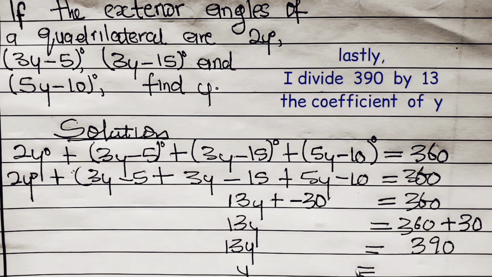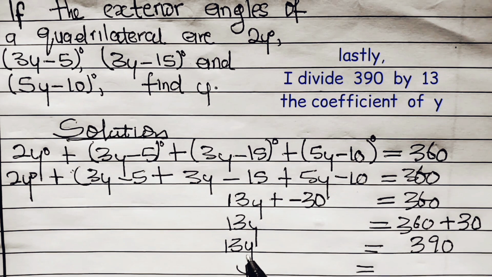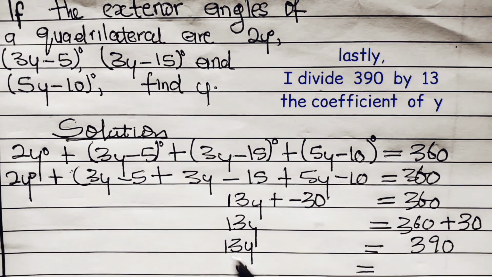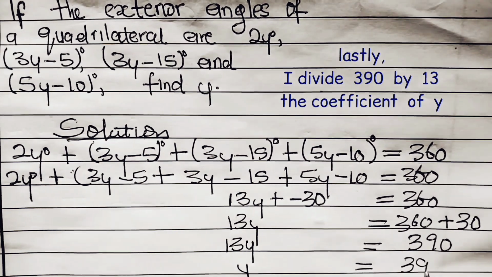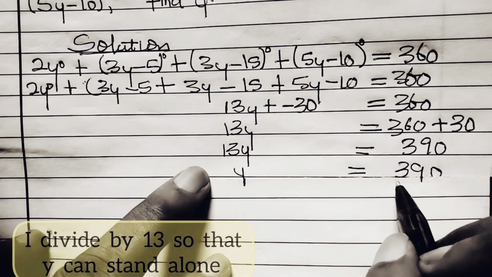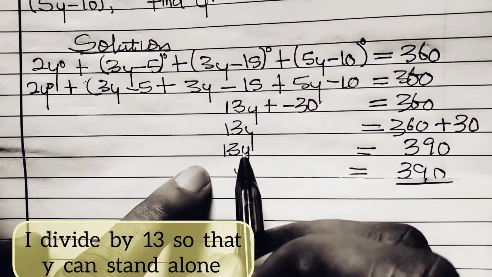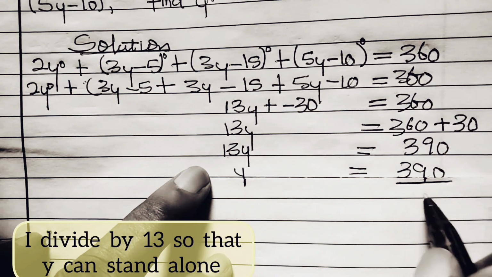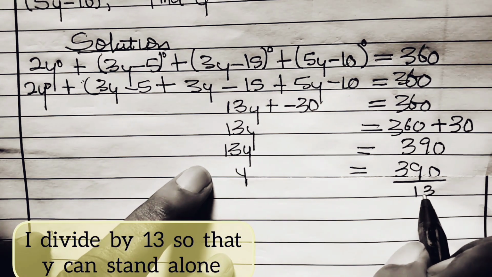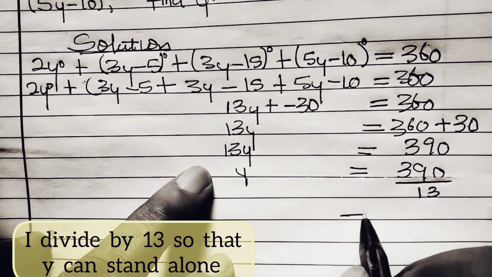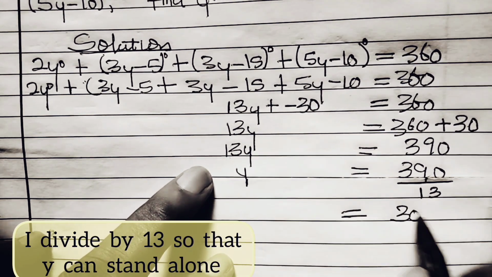I divide 390 by 13, which is the coefficient of y, the number that is with y. 390 divided by 13 gives y is equal to 30 degrees.